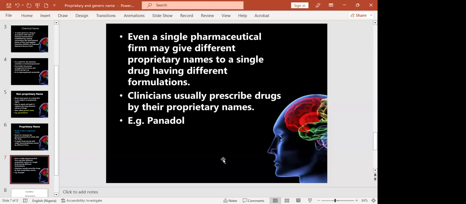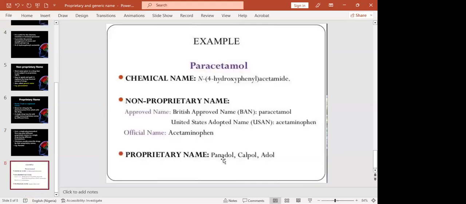But most importantly, you as the medic must know the difference between all of those names and the similarity among all of those names. So a classical example would be paracetamol. The chemical name is N-4-hydroxyphenylacetamide. The non-proprietary name is the British approved name, which is paracetamol.